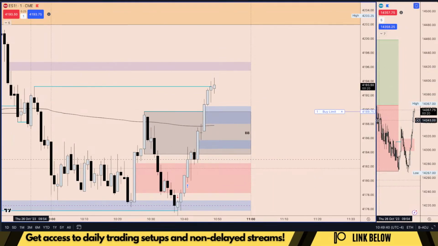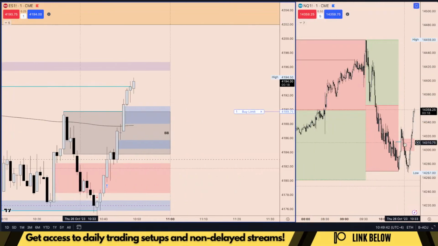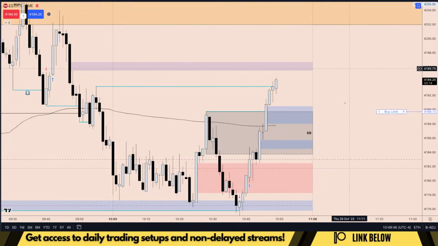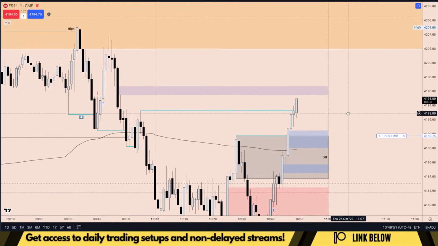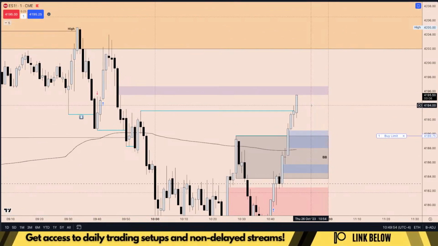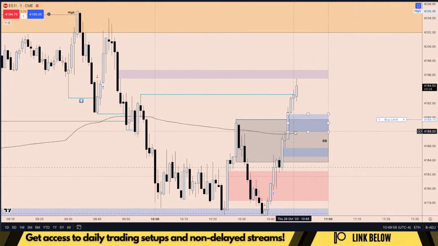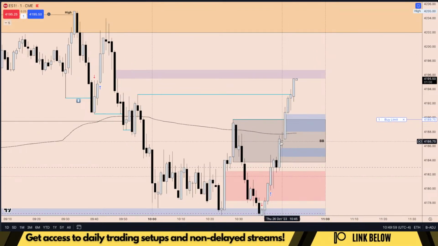Take a look at NQ. NQ is also almost at the 50% of this displacement to the downside. What a rally. And it's not giving us, not even on a 1 minute time frame, any chance to enter based on structure. We had this volume imbalance where we wanted to go in long. Didn't fill us.